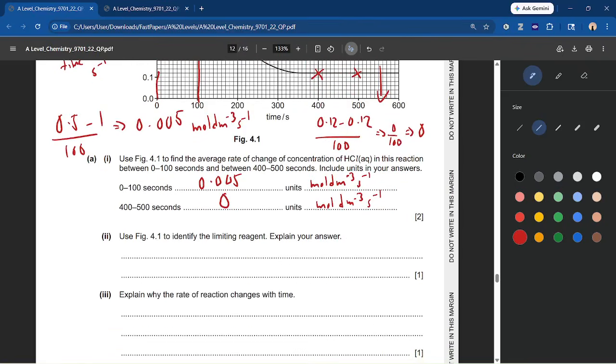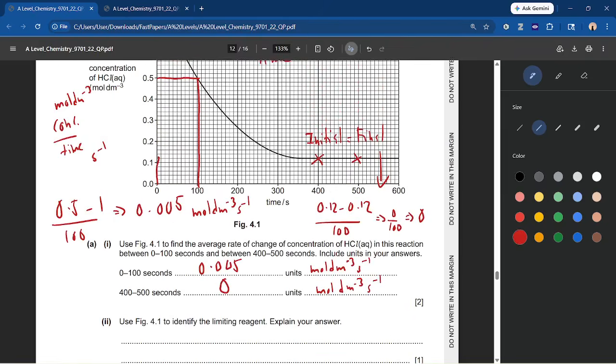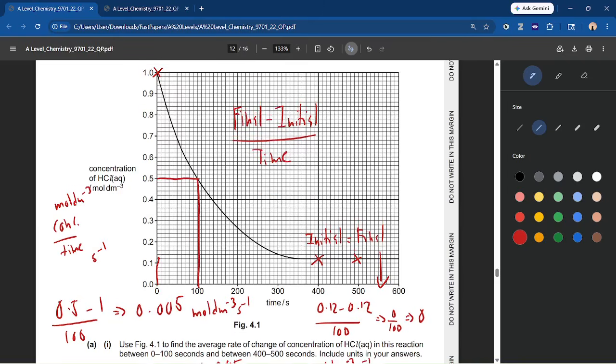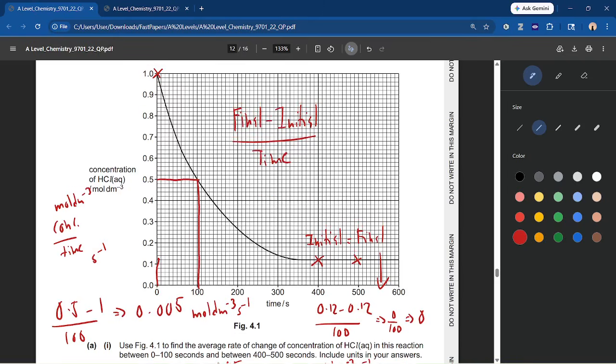Use figure 4.1 to identify the limiting reagent and explain your answer. So look, you still have a concentration of hydrogen chloride. If the concentration of hydrogen chloride reaches 0, then you could say that hydrogen chloride was the limiting reagent, but the concentration never reaches 0. So, not limiting.